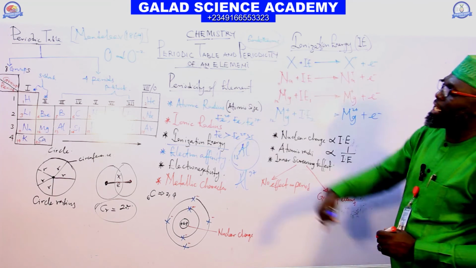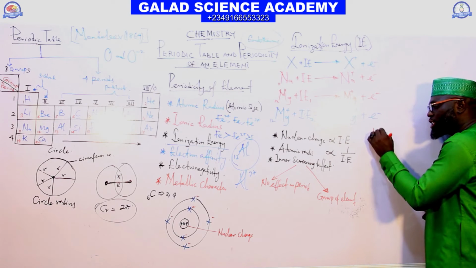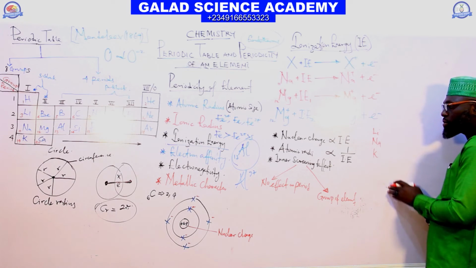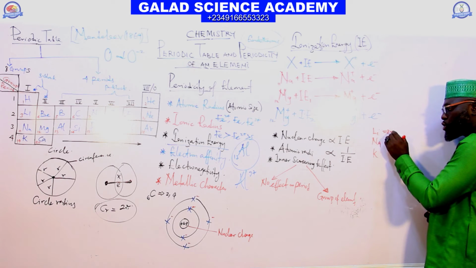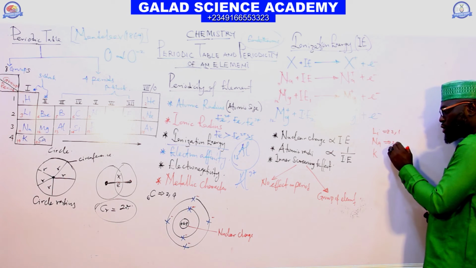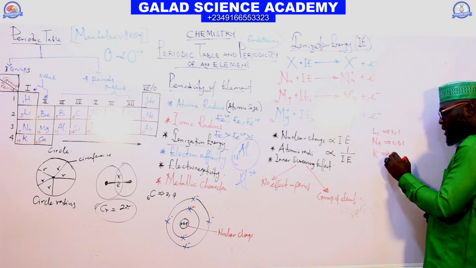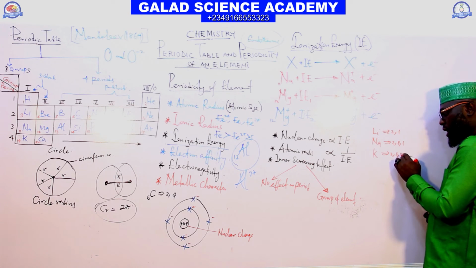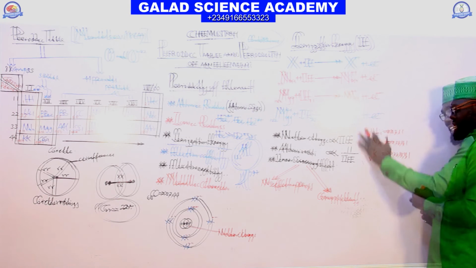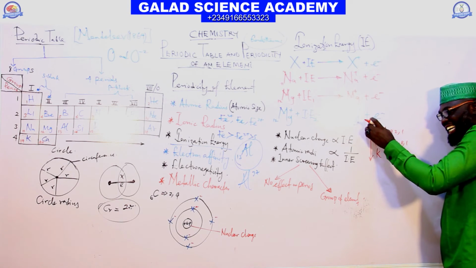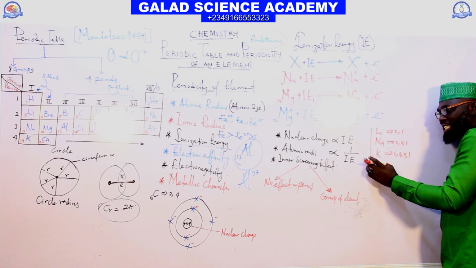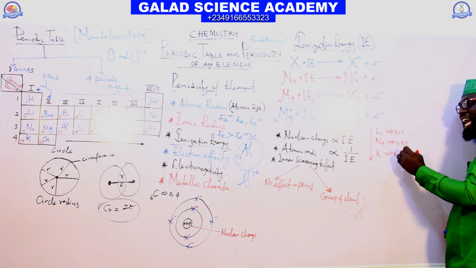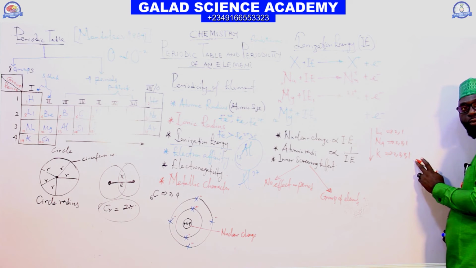Let's take group 1 as a case of study: lithium, sodium, potassium. These have 2, 1; 2, 8, 1; 2, 8, 8, 1. The screening effect is increased down the group. As a result of that, the ionization energy will decrease down the group.